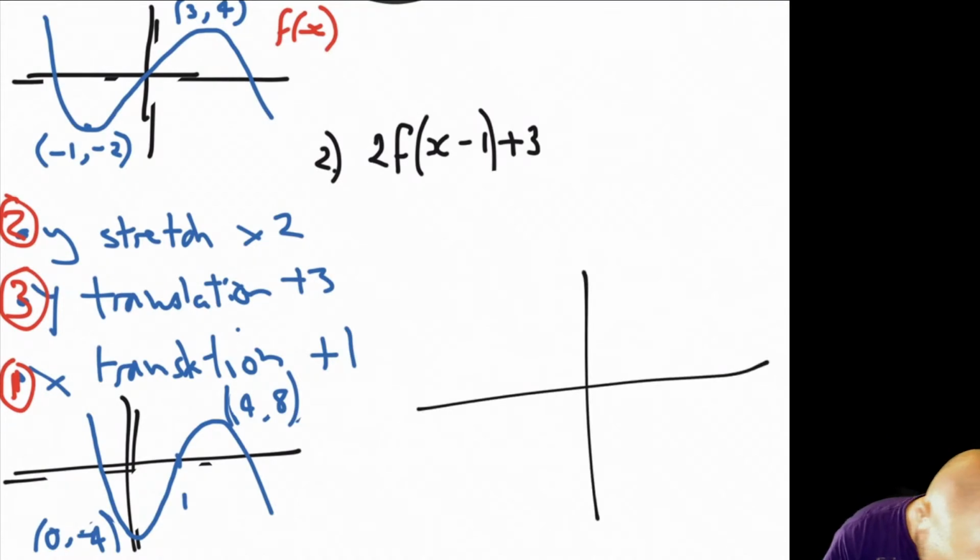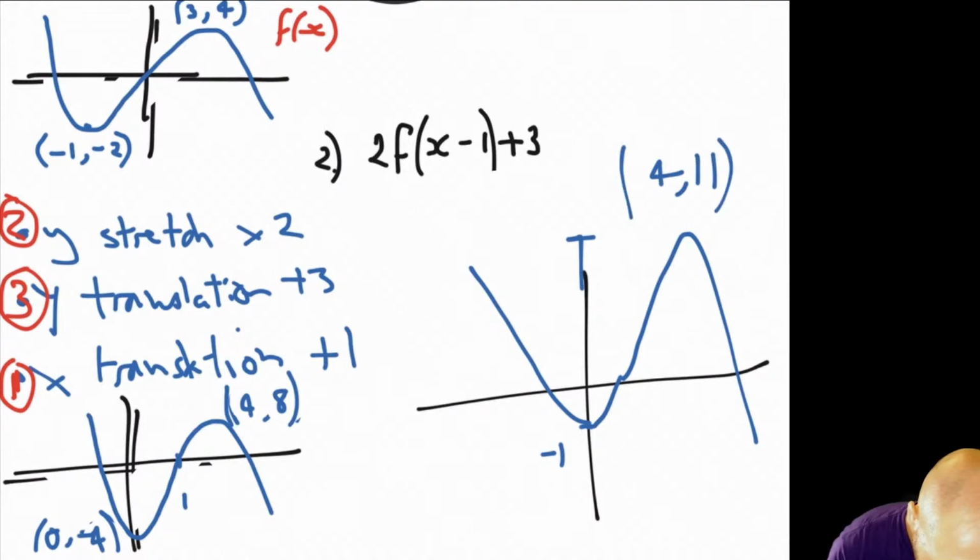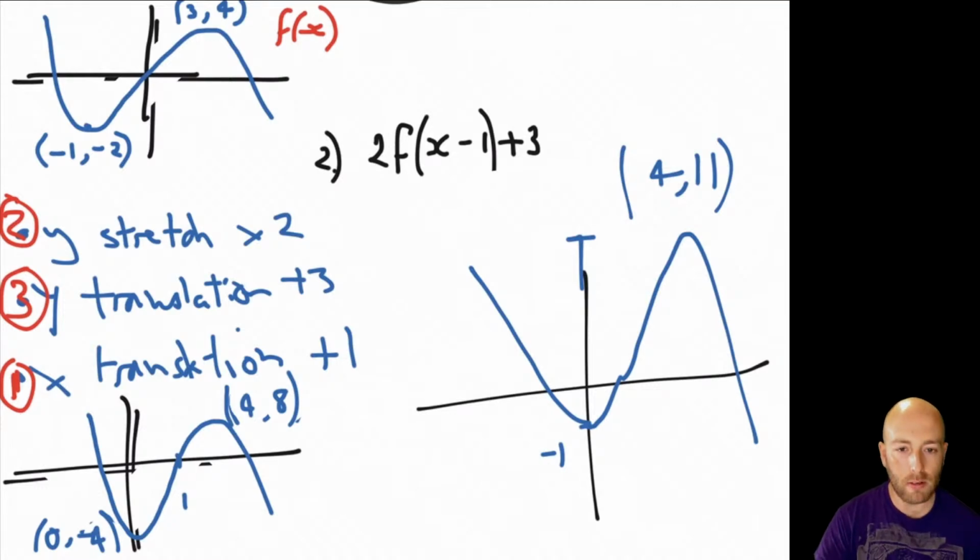So the point -4 is now going to be -1. 4, 8 is now going to be 4, 11. And it's not going to cross that 1 anymore, but we can't say where it's going to cross now. So that's what we should get for this one.